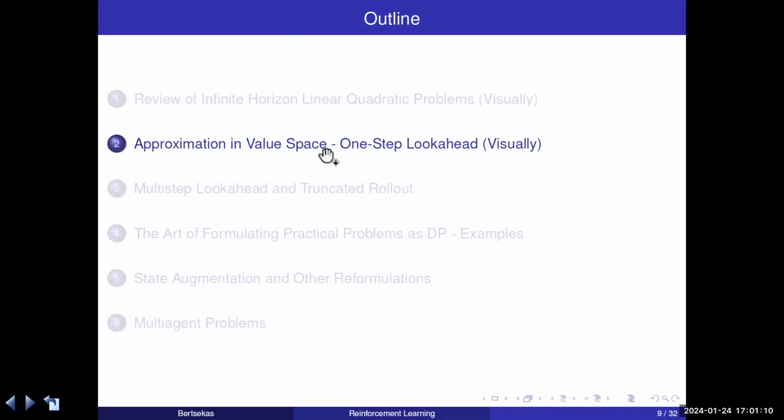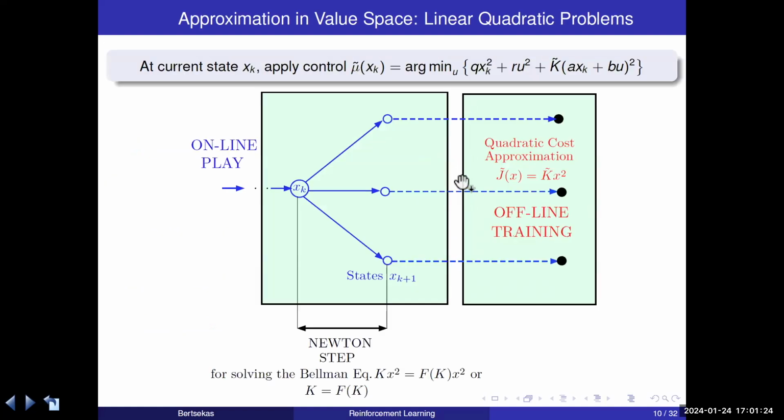So let's try to interpret approximation in value space in terms of linearizations and also in terms of Newton's method. And we're going to focus on one step lookahead first. Okay, what do we mean by approximation in value space? Remember this figure that we had at the very first lecture.